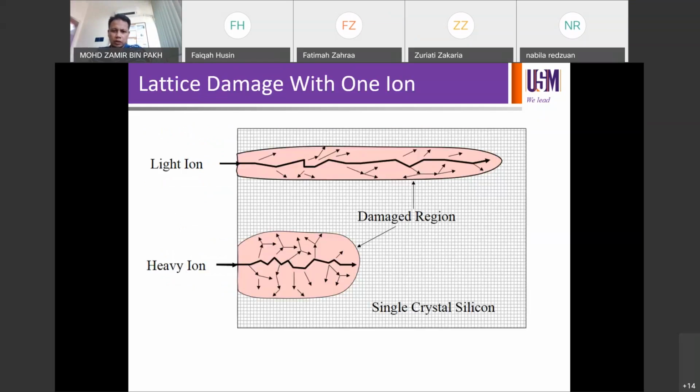Some can cause a thin but long track, but heavy ions can cause a wider area in a more localized region, for example. But it still depends on the energy that we use during the ion implantation process. The gray area here is your silicon lattice or the silicon wafer. So that's the amount of damage it causes during the process.